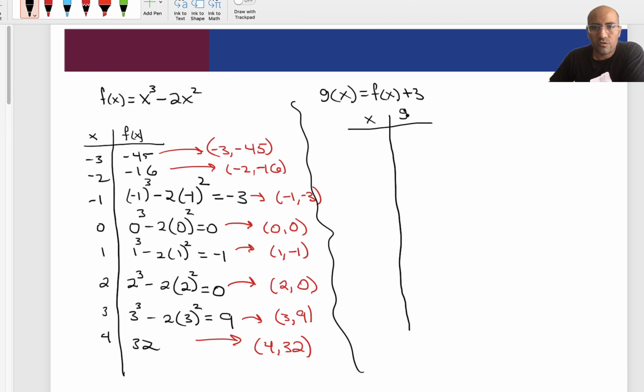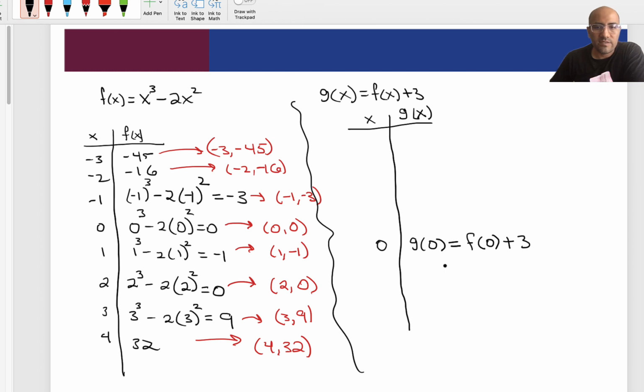Okay, all right, so now we can again create a table of values, x, and now this new function, g of x. And again, let's just type in some easy values. So if we try typing in x equals 0, then g of 0 is going to be equal to f of 0 plus 3.